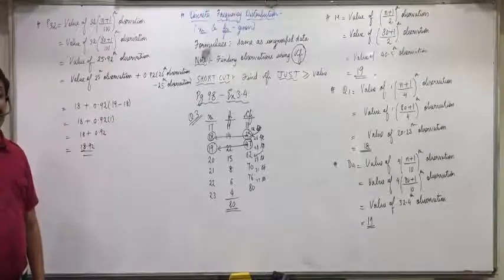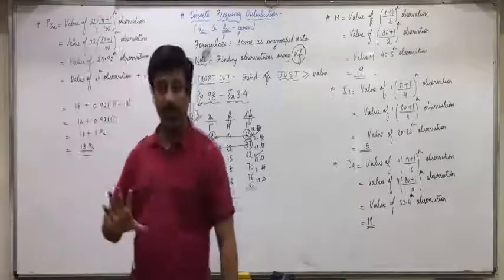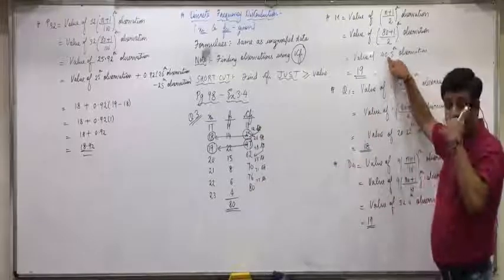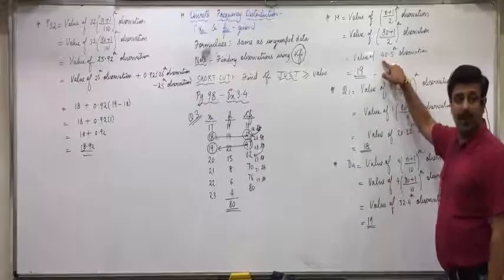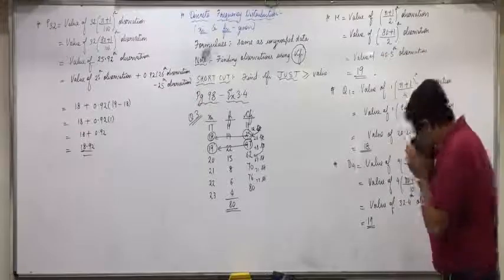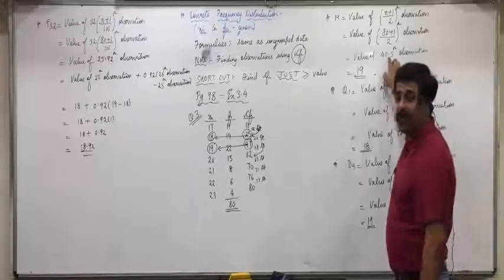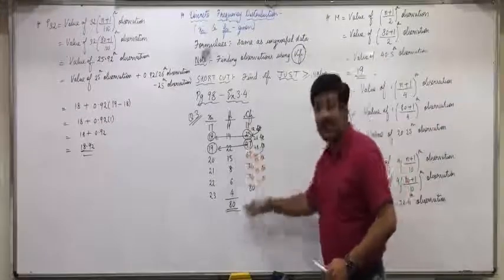Now the question arises when to use and when not to use. What is the number before the decimal? 40. Do you have 40 in CFI?